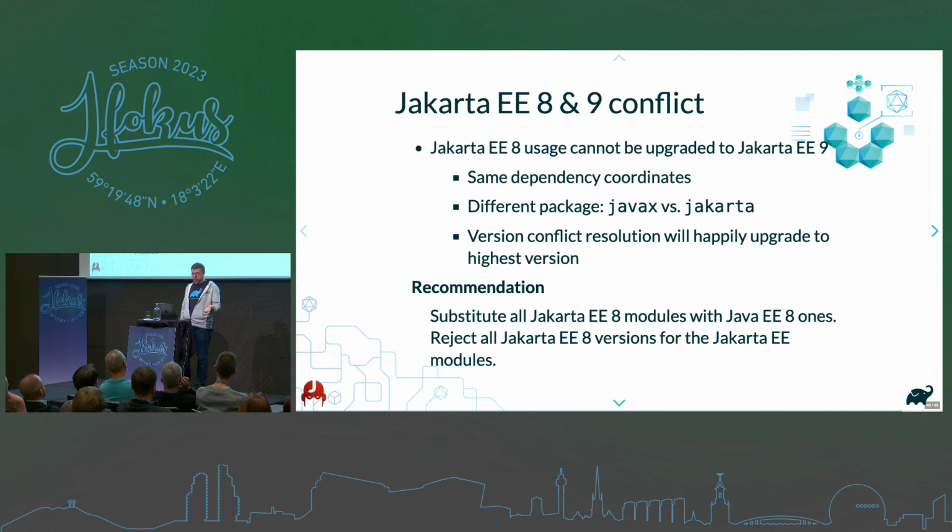One of them is the substitution feature of Gradle that I did not cover in detail, but it effectively allows you to say, if you see that package, replace it with another one. And it can be version specific. So I would recommend to always replace the Jakarta EE things with Java EE things for Java EE 8. And also, what I showed you about the reject all, you could make sure that your build in its platform rejects all the Jakarta EE 8 artifacts. Like their specific version should never enter the graph because it's bringing trouble.